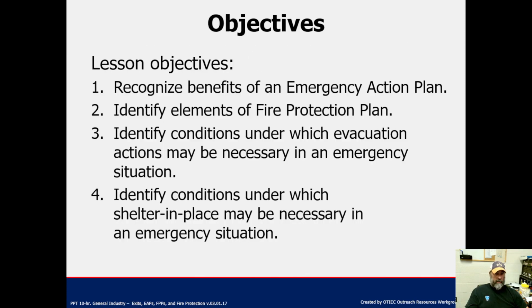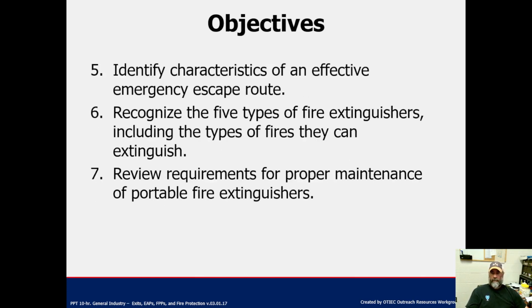Next slide. So the objectives for this are the benefits of the emergency action plan, identifying the elements of a fire protection plan, conditions under which action plans are necessary, and the shelter in place conditions. Additional objectives: identifying your escape routes.